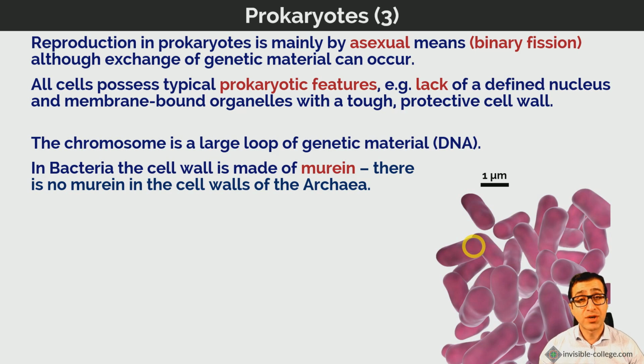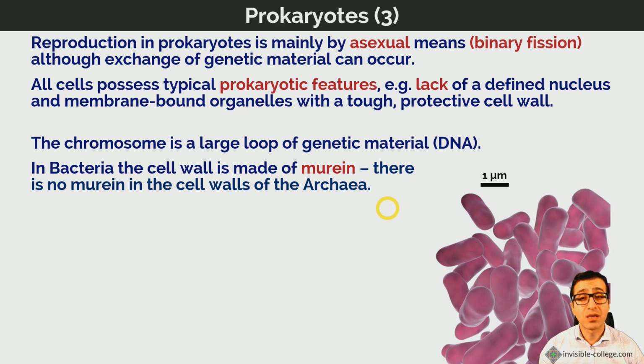They both lack internal membrane-bound organelles, but the archaea are somewhat different and in some ways are closer to being eukaryotes in their structure than the bacteria. For example, the archaea differ from both eukaryotes and from bacteria in that their plasma membranes contain lipids which are not glycerol ester lipids like the ones found in bacteria and also in eukaryotes.